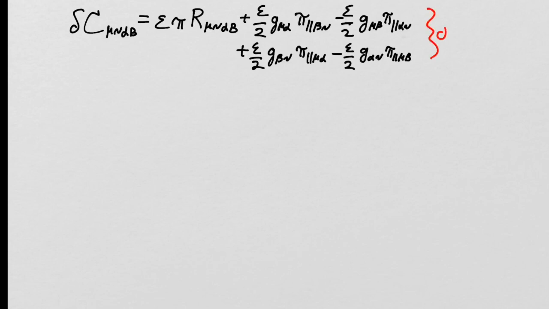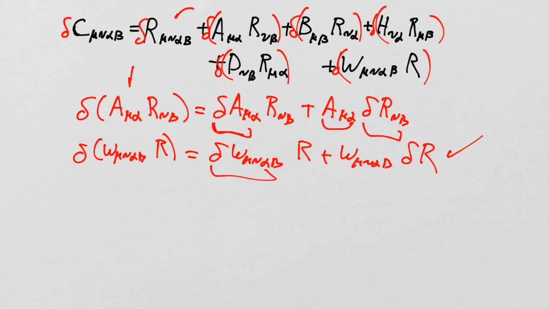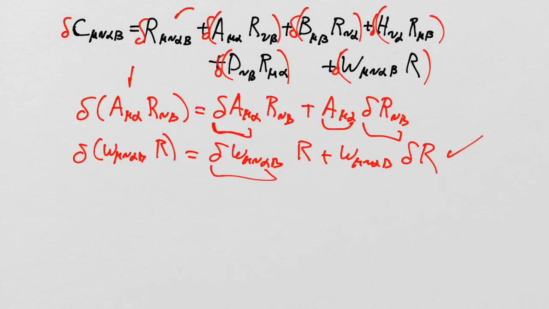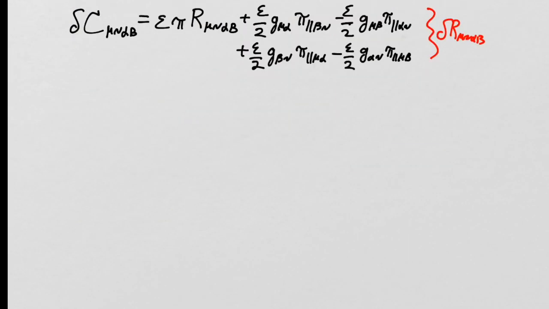This is all the variation of the Riemann tensor. That comes from this statement right here in the beginning. So if I did everything right, then this mess here is the same as this part right here. So that's just one piece of it.